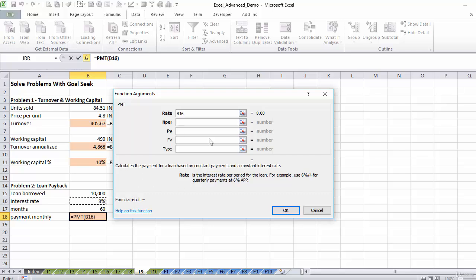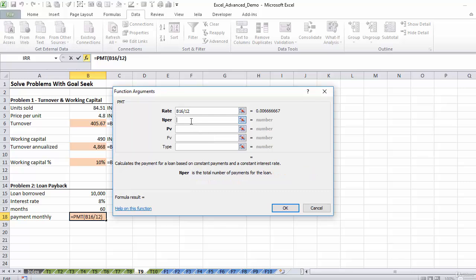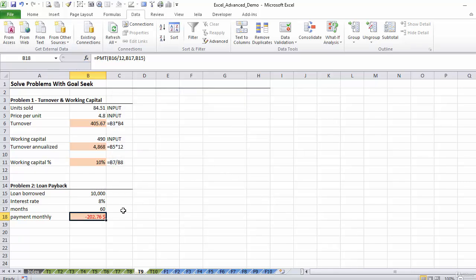So I need to divide my rate by 12. The number of periods, the months I want to pay back, is this one. My present value, my loan, is this one. The future value and type I can leave empty. The amount I need to pay back is this, and it's negative because it's a payment.